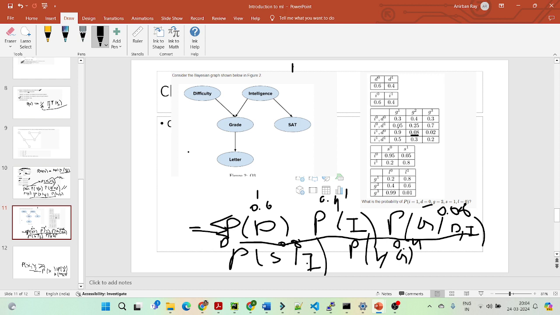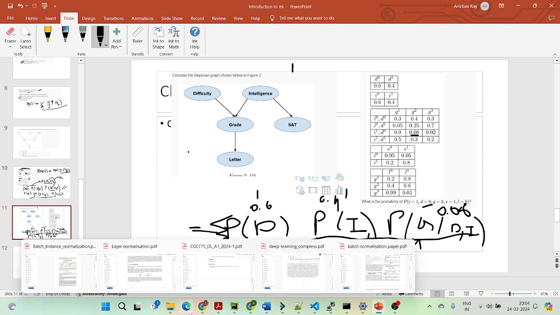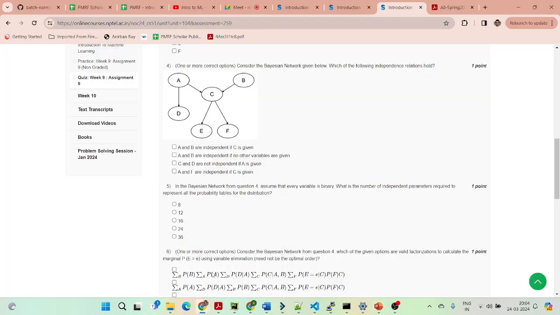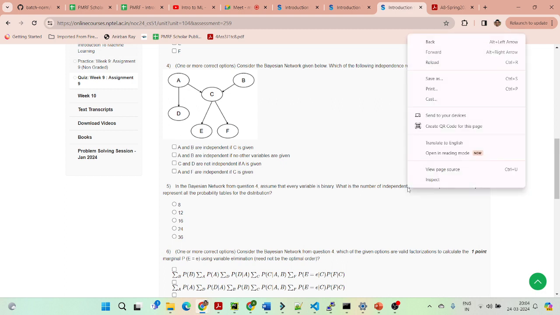In the question, or here in the difficulty and intelligence. But the numbers are high, as you see. But what do they mean to say? I'm thinking that if A and B are not given, A and B are independent, okay, but the number of independent parameters, okay.